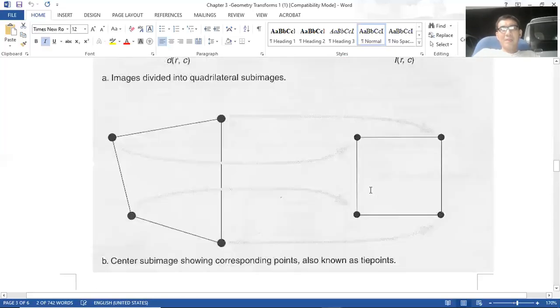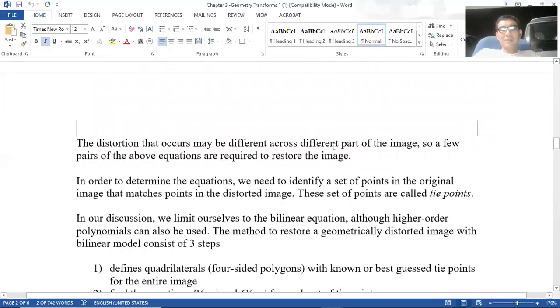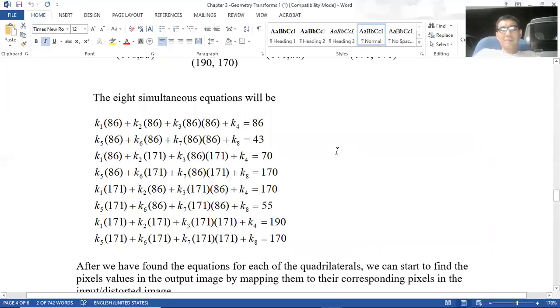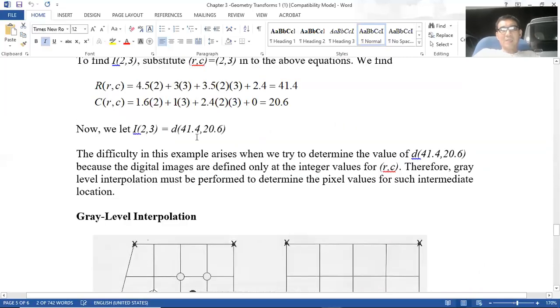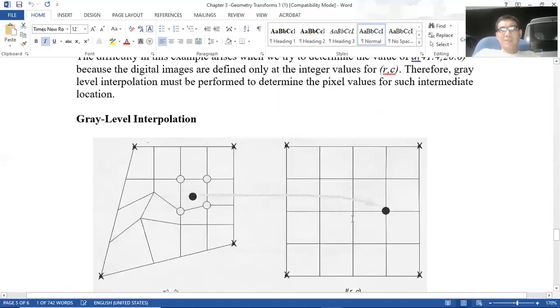Why do we need this gray level interpolation? Because usually after we do the mapping, we find the location has floating points, decimal points. For example, to visualize this, you find a point here.